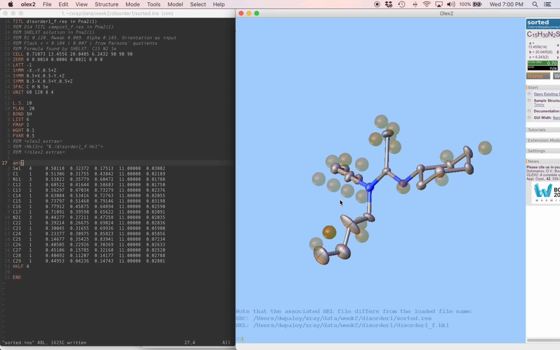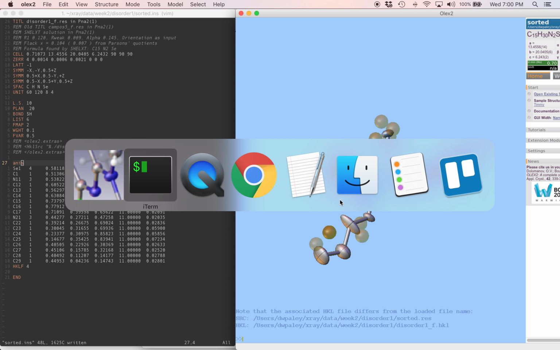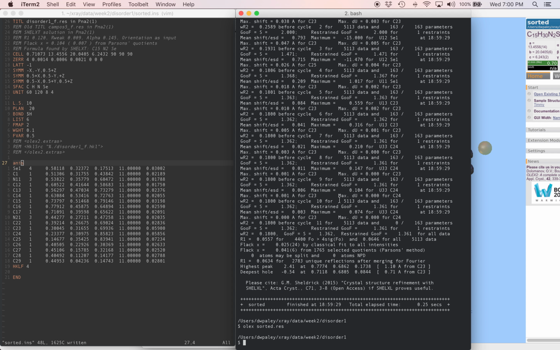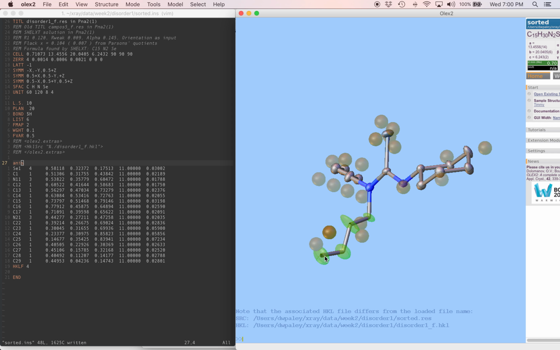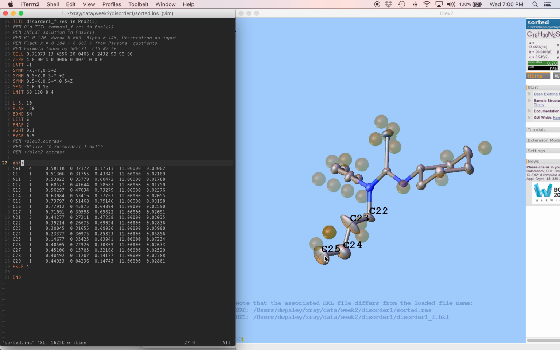So I'm gonna go through the steps that we discussed for modeling disordered chains. We're gonna get started by making those atoms isotropic again. And let's remember what these are. C22 through 25 should be isotropic. I'm going to do that by typing anis 0 before the first isotropic one, and then anis again after the last isotropic one.